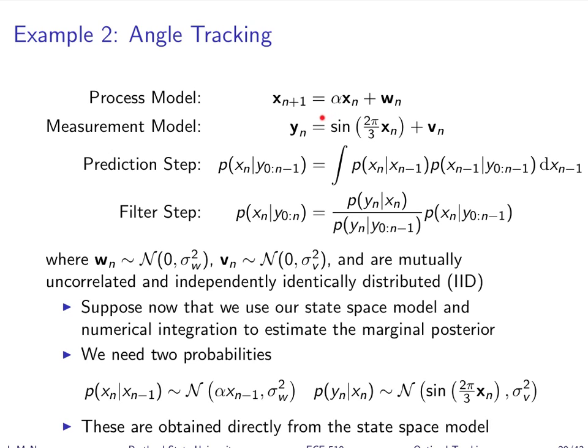Most commonly, alpha takes a value close to 1, but less than 1, like 0.99, 0.98, 0.999 are common values. And when you pick a value of alpha that's close to 1, but a little bit less, basically what that says about the process model is that your state is changing slowly over time. X of n plus 1 is equal to more or less what the state was at time x of n, plus some noise.